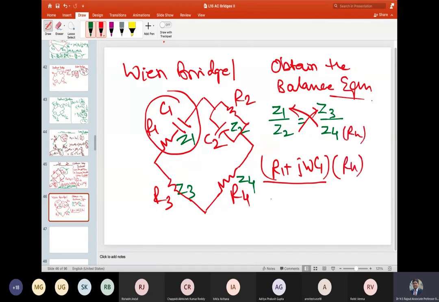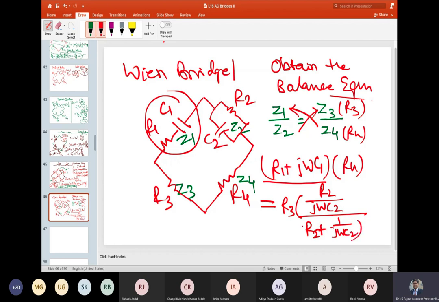This will be equal to, from this side, Z2, and Z3 is already R3, so R3 multiplied by, now this is a parallel combination of R2 and C2, so R2 by j omega C2 divided by R2 plus 1 by j omega C2, right?